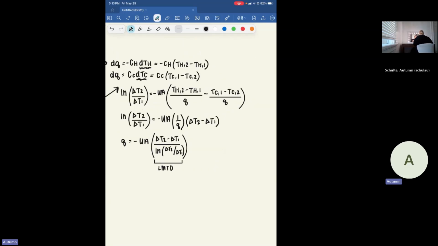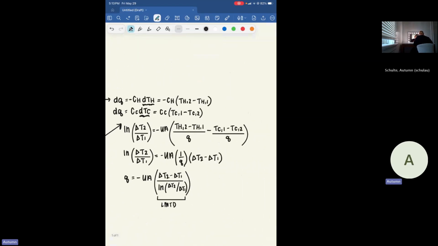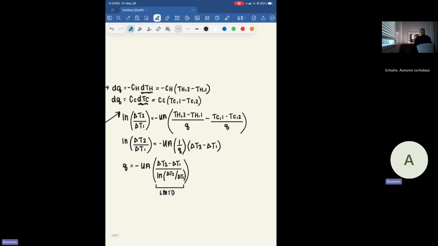So now when we're thinking about co-current and countercurrent heat exchangers, for co-current, eventually you're going to reach a point where your hot temperature and your cold temperature are so close together that that delta T is going to be effectively zero. Whereas if you're looking at countercurrent heat exchangers, there that gap is only going to widen.